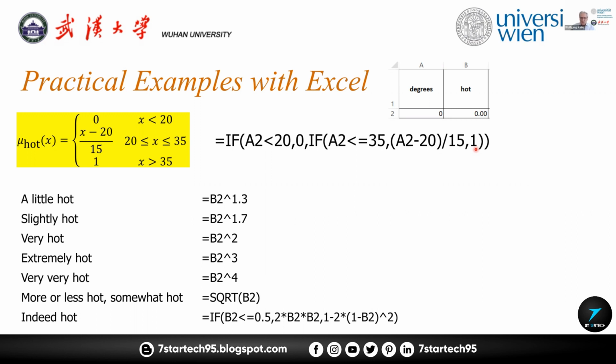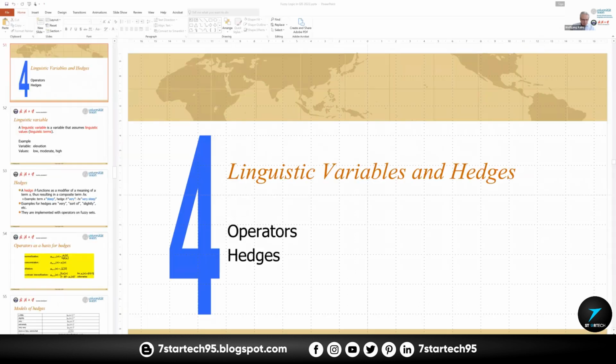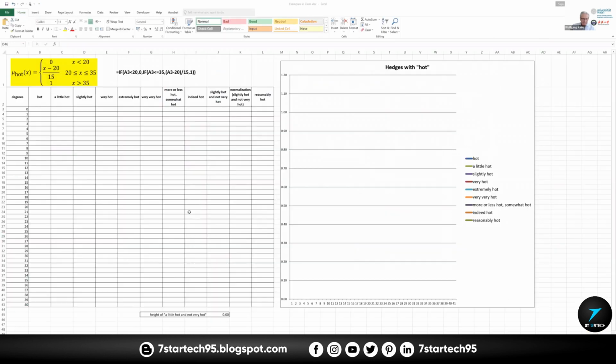In this particular example, when I say degrees and I define the function in such a way, it is pretty obvious that I will use degrees Celsius or degrees centigrade and not any other unit of temperature. So let us now look at the implementation of that in a spreadsheet program. So I will jump to my spreadsheet.